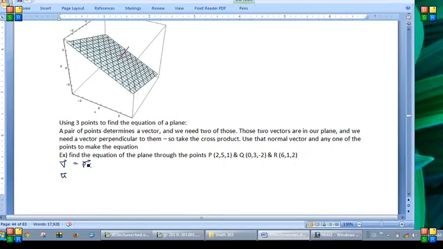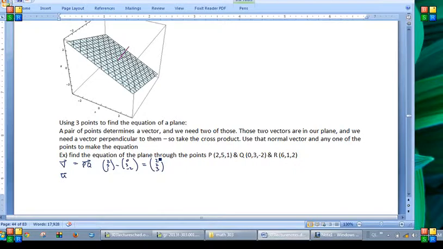So I guess I'm technically doing QP: 2, 5, 1 minus 0, 3, negative 2. And that gives me 2, 2, 3.